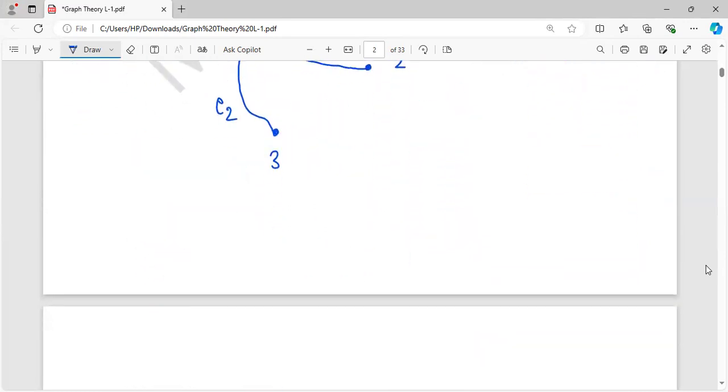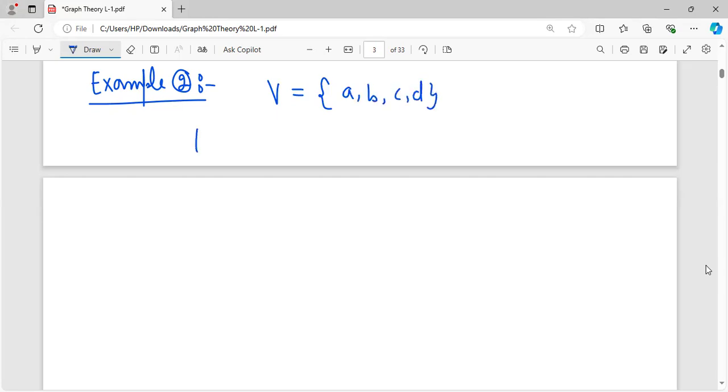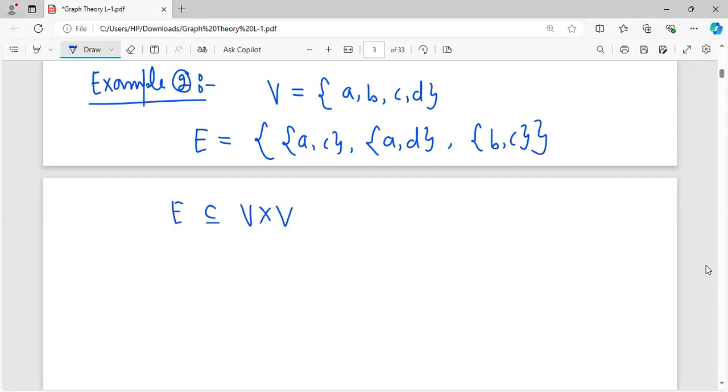So example 2. V equal to A, B, C, D and E is equal to AC, AD and BC. So E is a subset of V cross V. So G is equal to V, E is a graph.